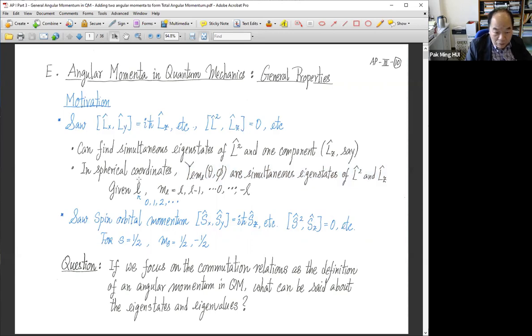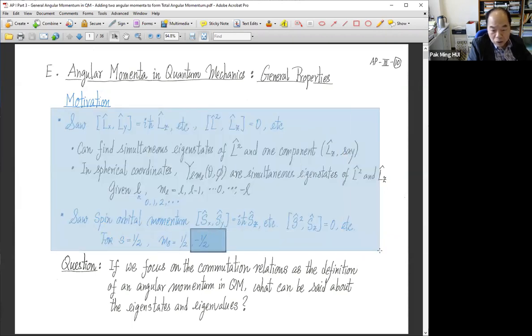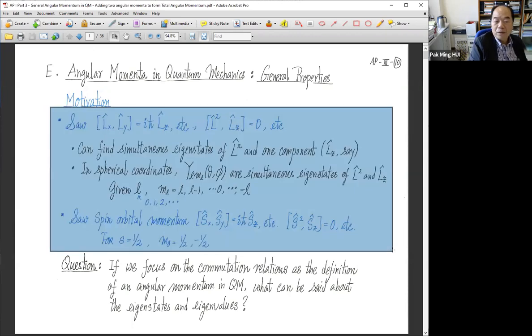And when you have a given L, ML must go through 2L plus 1 values. We just remind you that for spin of electron, S is half, and MS again goes from S to minus S. So L to minus L, S to minus S. There seems to be some kind of universal feature of this behavior.